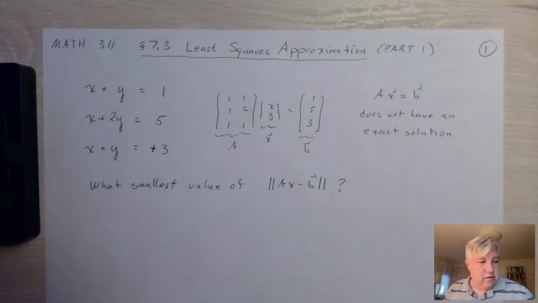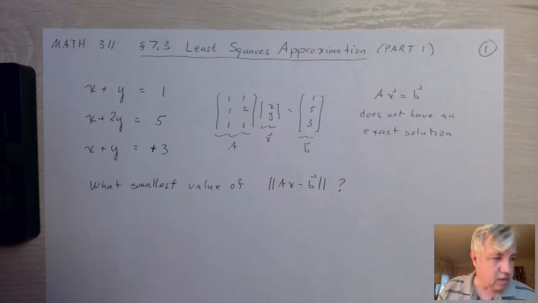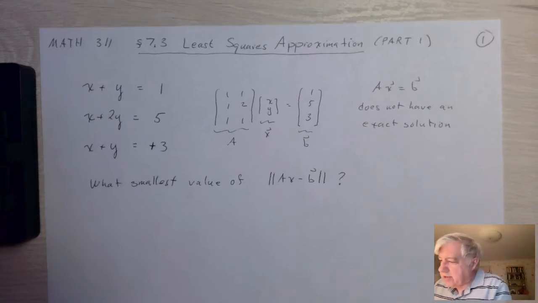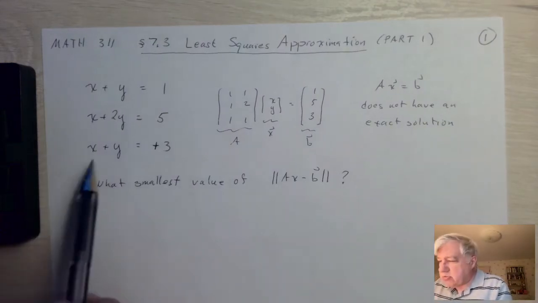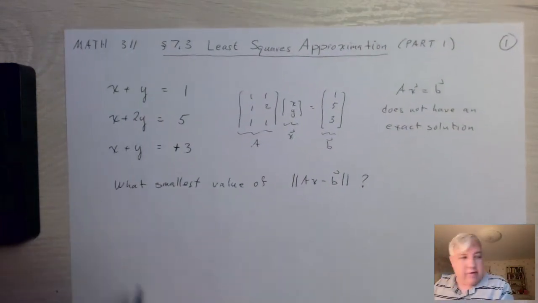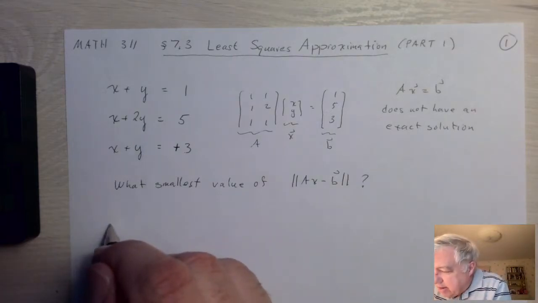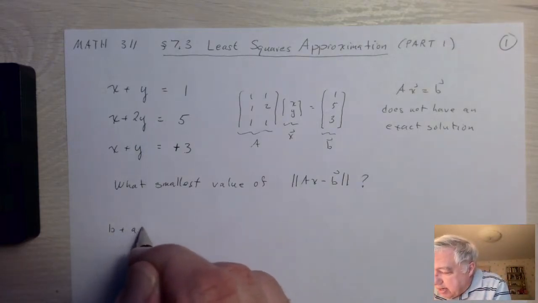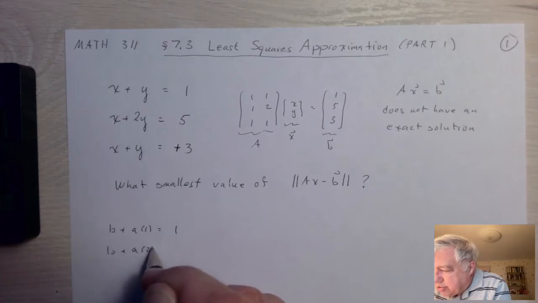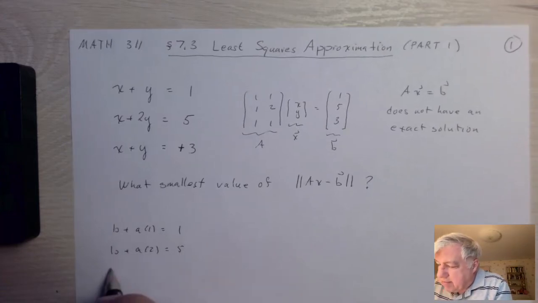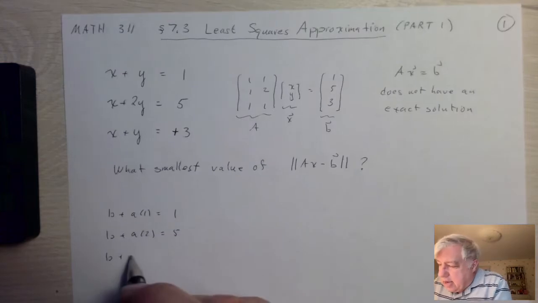All right. Now again, why would we want to do that? Well, let's look at this from a slightly different perspective. Let's replace the x and y with an a and b, and in particular, let's say we had b plus a times 1 equals 1, b plus a times 2 equals 5, and b plus a times 1 equals 3.